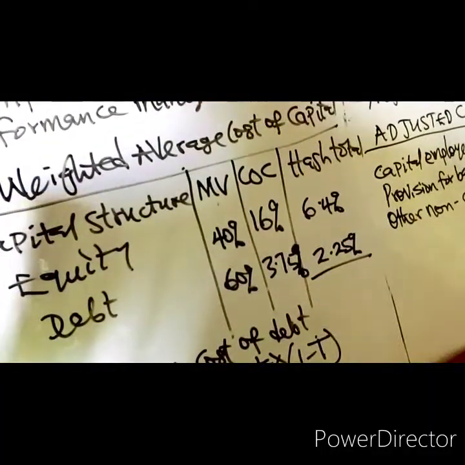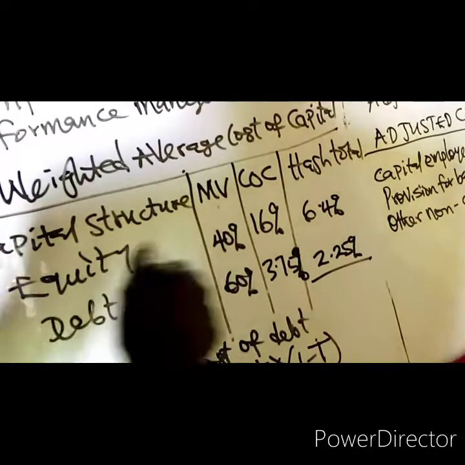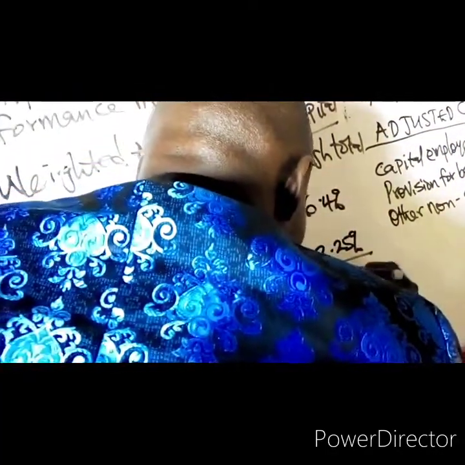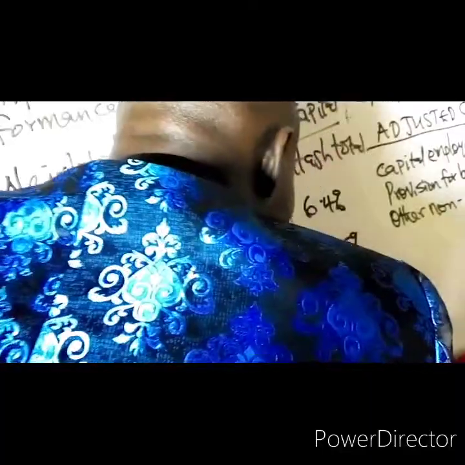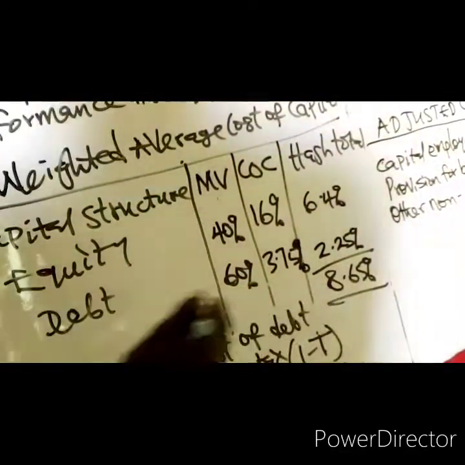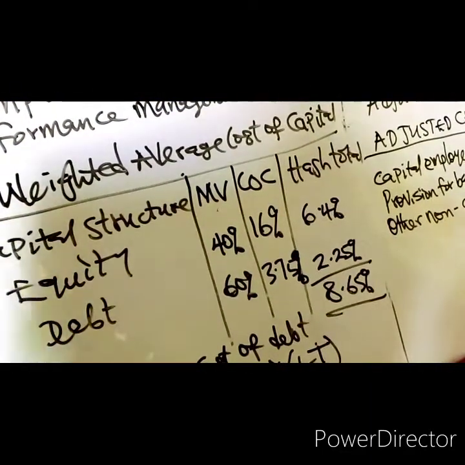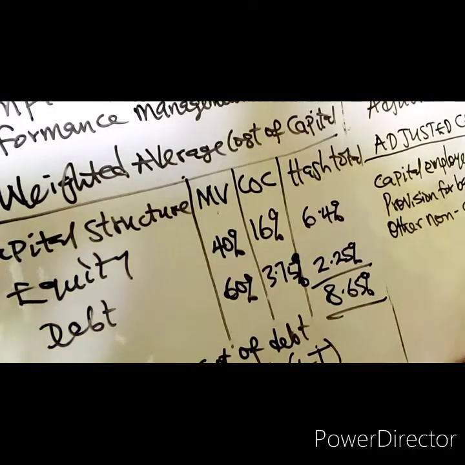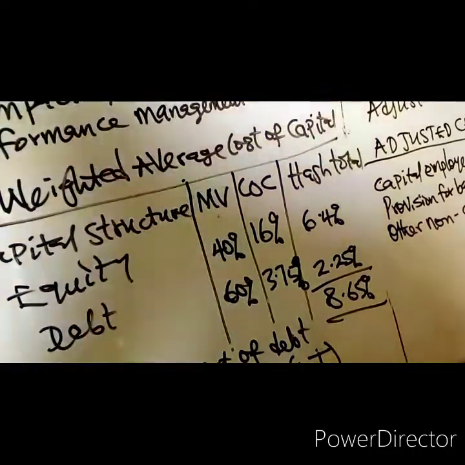If you sum it up, 2.25 plus 6.4, you get 8.65. Therefore, our WACC is 8.65%. That is the weighted average cost of capital.